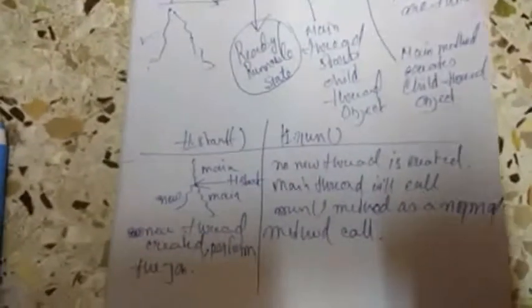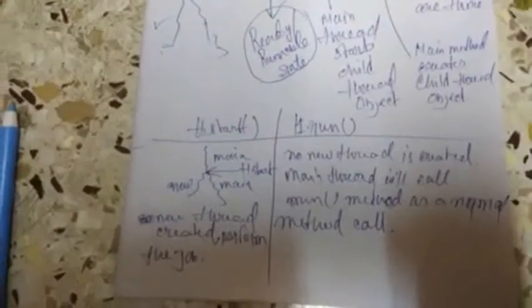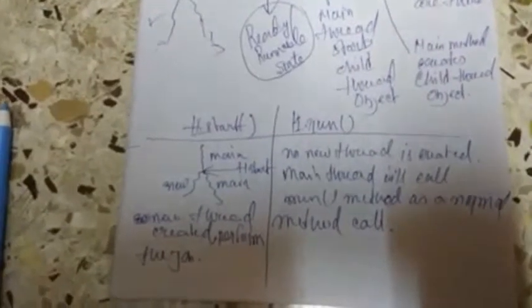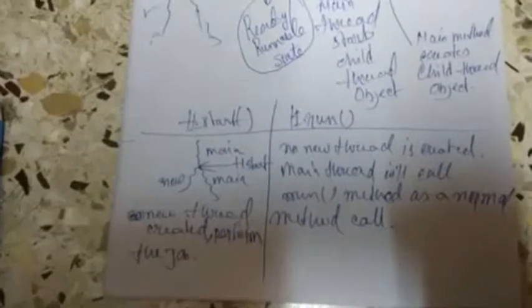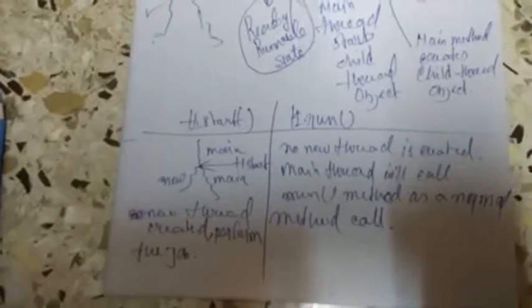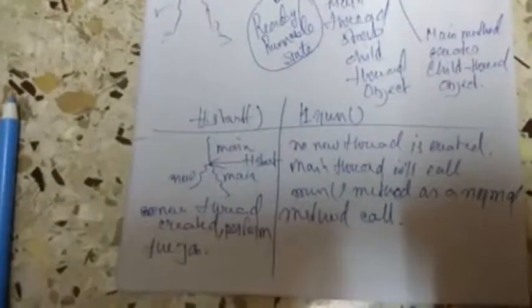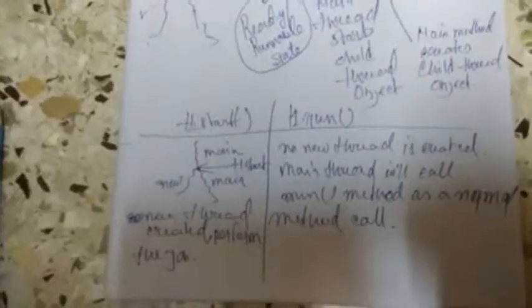a normal method call. And in case of t1.start, at that point of time two threads will be created. One is the main thread, one is the new child thread, and they perform the job.